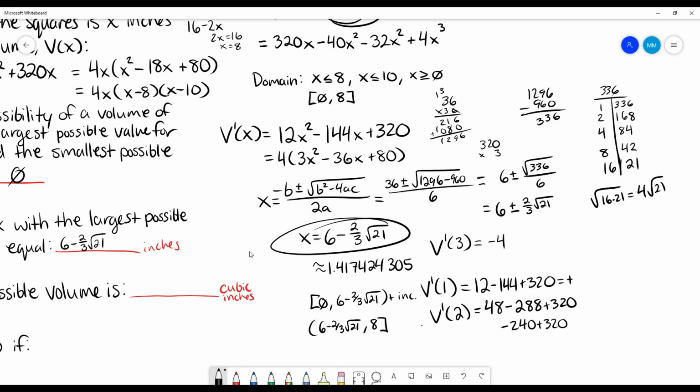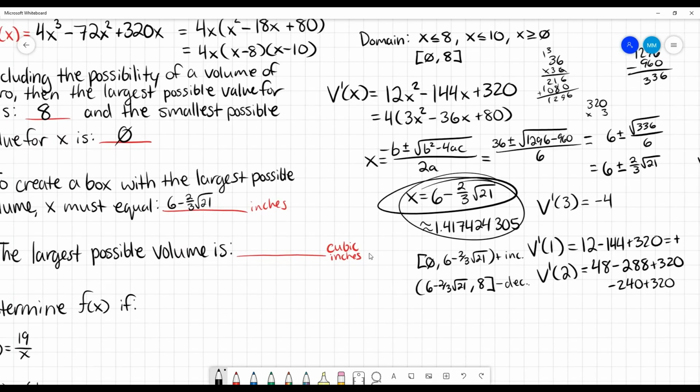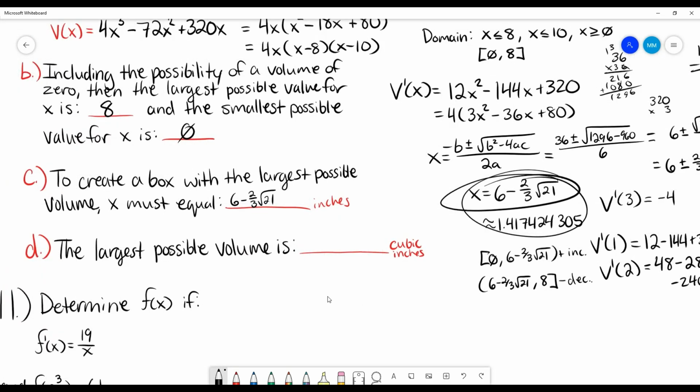I definitely messed up somewhere, and it's possible that I just plugged this in wrong, or maybe I miswrote part of it. That's always a possibility. But it definitely should be somewhere around here, maybe slightly bigger. I'm so sorry that I'm messing this up.